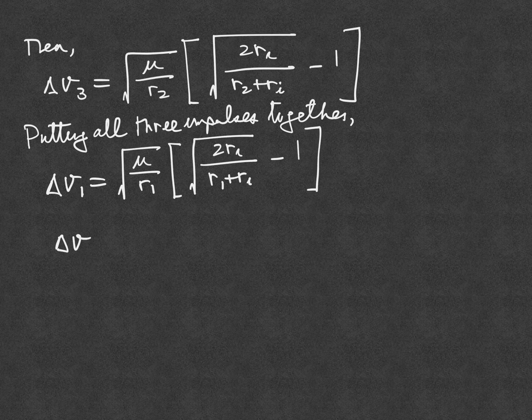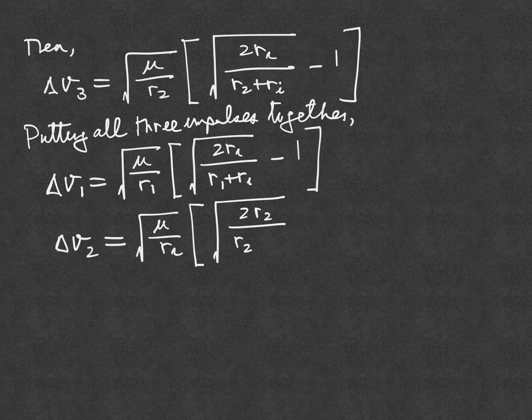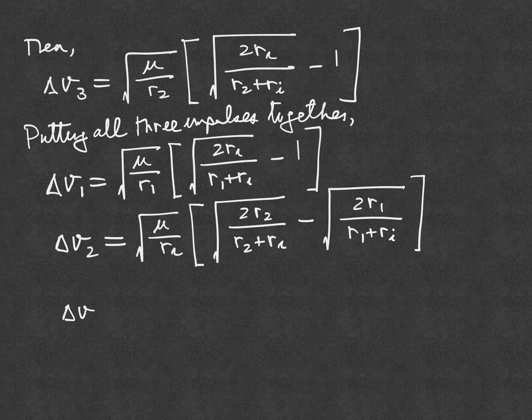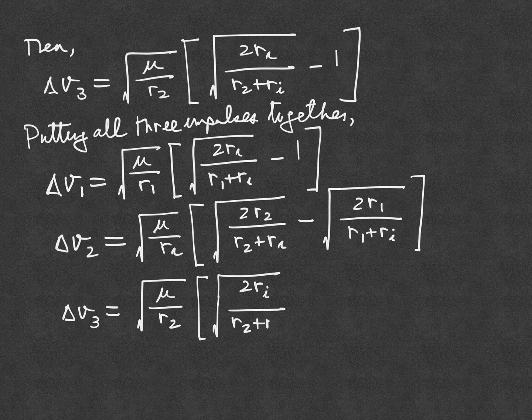And delta V2 is equal to the square root of mu over Ri times the square root of 2R2, all divided by R2 plus Ri, minus the square root of 2R1, all divided by R1 plus Ri. Finally, delta V3, which we just computed, is equal to the square root of mu over R2 times the square root of 2Ri, all divided by R2 plus Ri, minus 1.